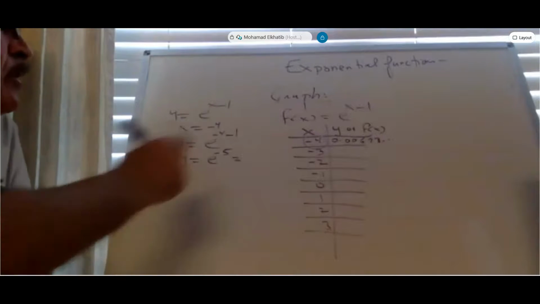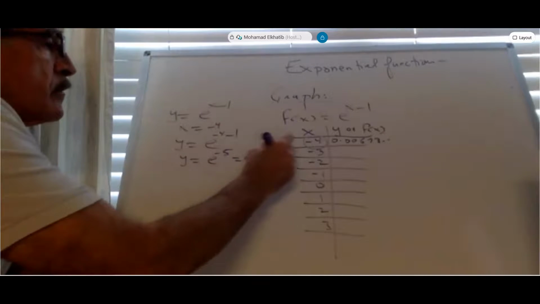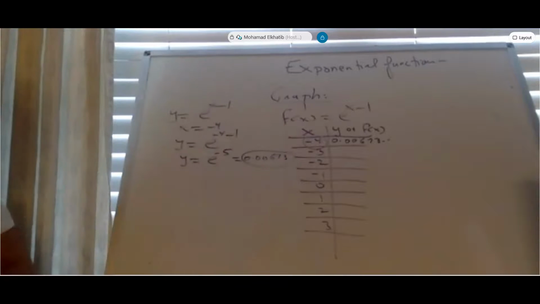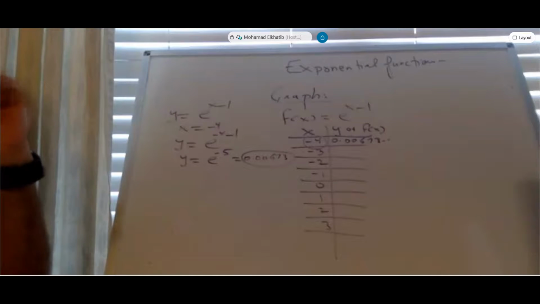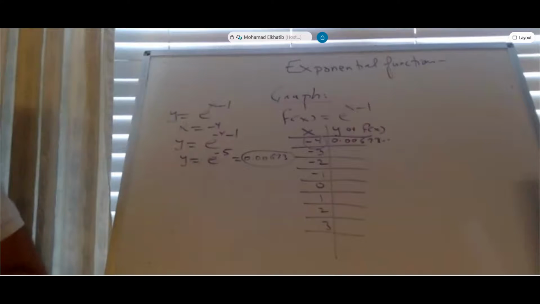I'm gonna wait for a second. Did everybody get this number on their calculator, when x is -4? How does e look on the calculator? E to the power x? Exactly, that one. First of all, you put -5, then you click e to the power x. If you got 0.0067, whatever, it means you hit the right key. Did you get that? No, it says error.